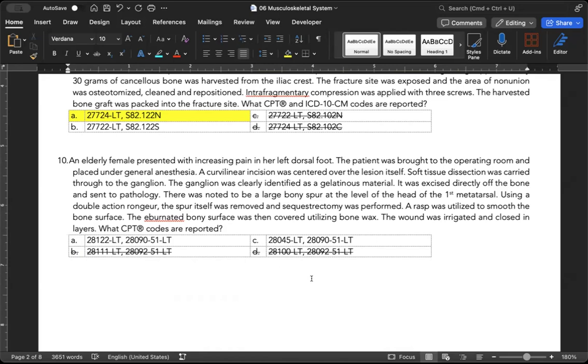So did we remove a portion of the bone or did we remove a tumor? Portion of the bone. Yep. So it's going to be the 28122.